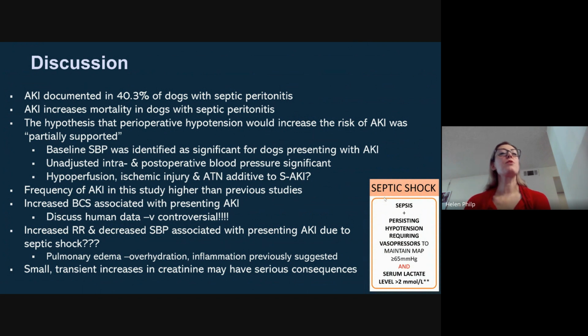Perhaps it's also to do with malnutrition, so protein content in the diet. That's certainly a finding from this study, but it's hard to tease out quite why that might be. And they also comment small transient increases in creatinine may have serious consequences.